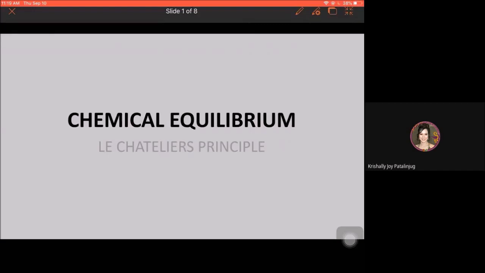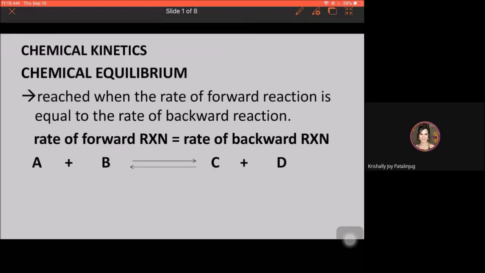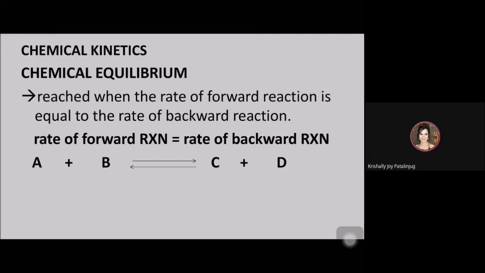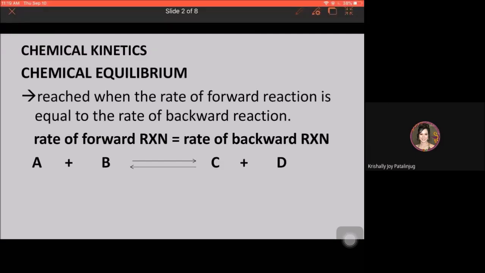Now, in a chemical reaction, once the forward reaction equals that of the backward reaction, ibig sabihin, equilibrium is already reached. So in that case, the chemical reaction is at equilibrium, meaning isa siyang reversible. Okay? So reversible type siya na reaction.